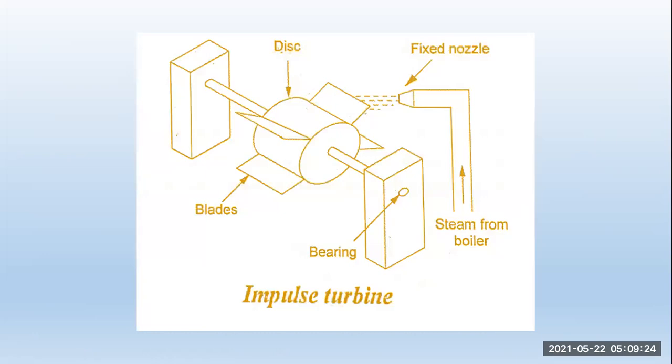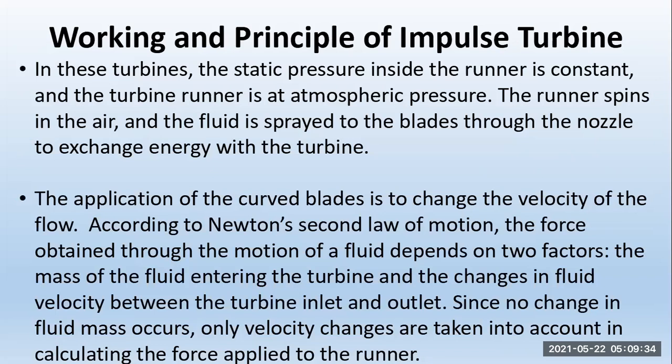Next, we are going to discuss the impulse turbine. Working and principle of the impulse turbine. In this turbine, the static pressure inside the runner is constant and the turbine runner is at atmospheric pressure. The runner spins in the air and the fluid is sprayed onto the blades through the nozzle to exchange energy with the turbine.